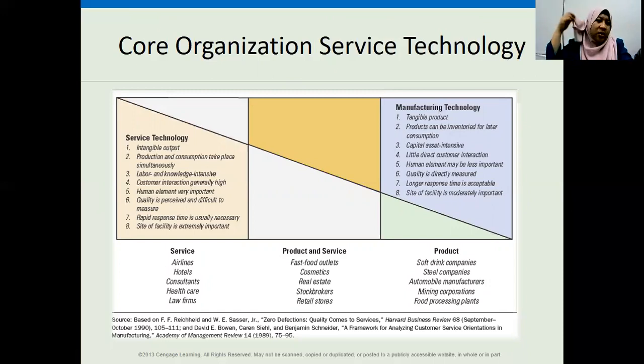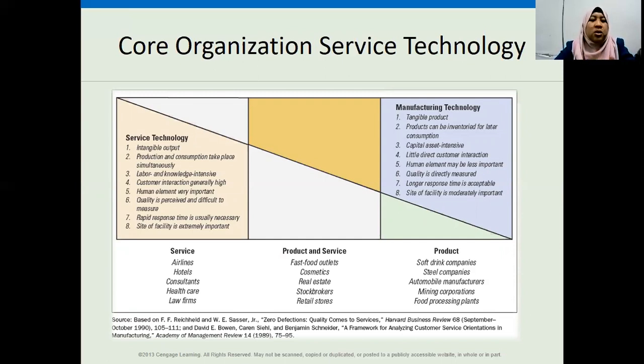For the service technology, we have: intangible output; production and consumption take place simultaneously; labor and knowledge intensive; number four, customer interaction generally high; human element very important; the quality is persistent and difficult to measure; number seven, rapid response time is usually necessary; and the eighth one, site of the facilities is extremely important.